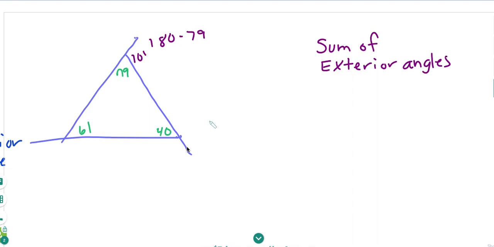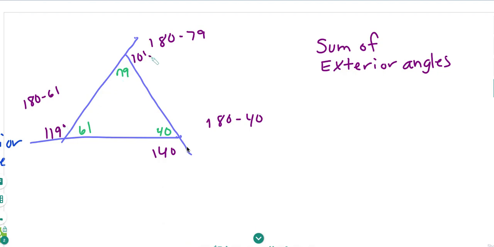If I take 180 minus 40, I get the exterior angle of 140. If I take 180 minus 61, I get the exterior angle of 119.